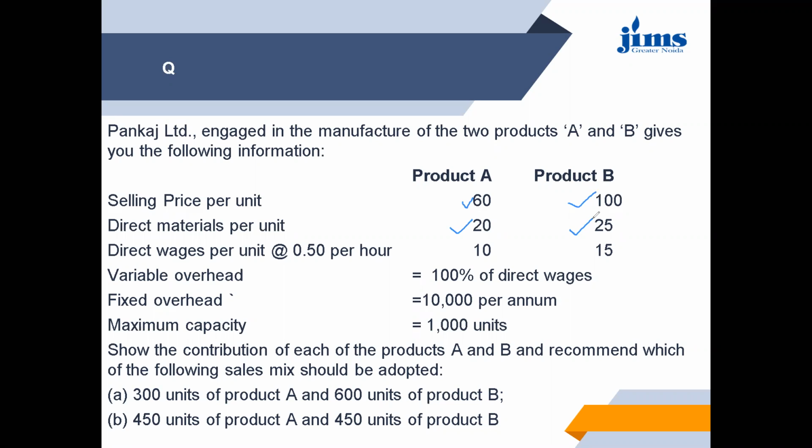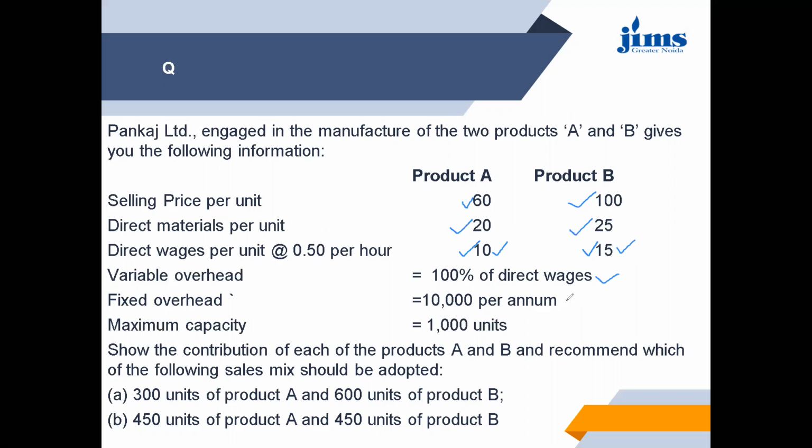Direct wages is 10 rupees per unit for product A, while for product B it is 15 rupees. Now variable overheads are 100% of direct wages. That means variable overheads for product A is 10 and for product B is 15 rupees.